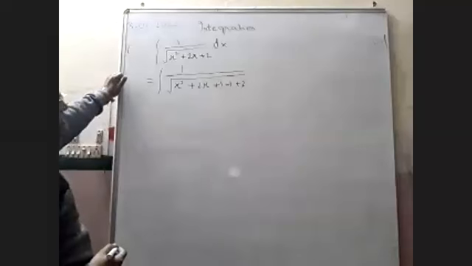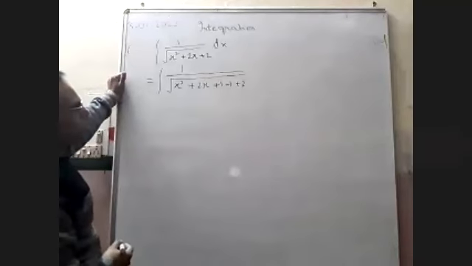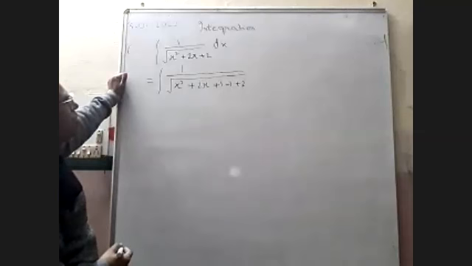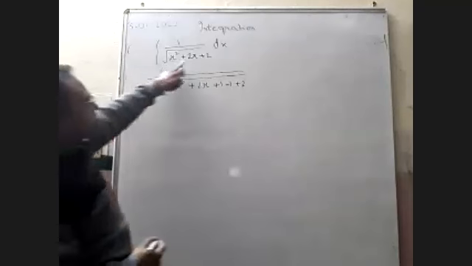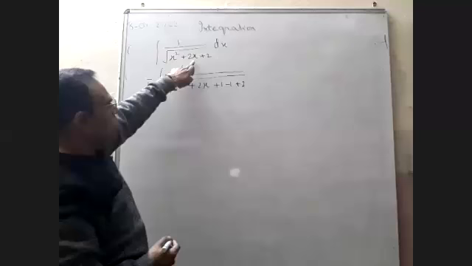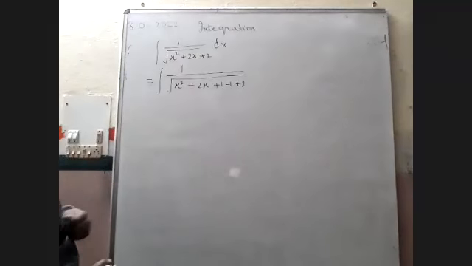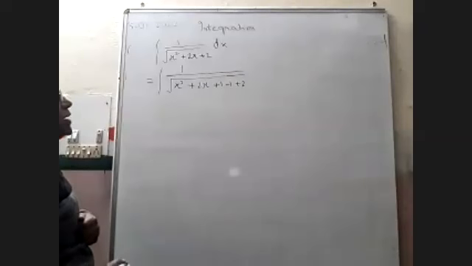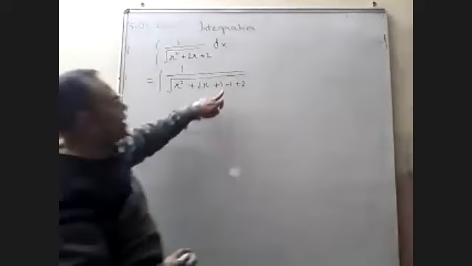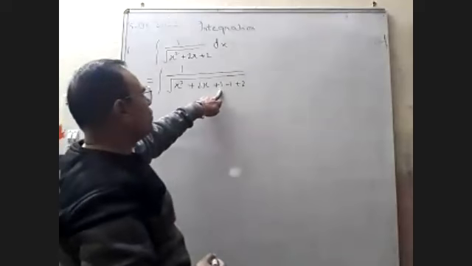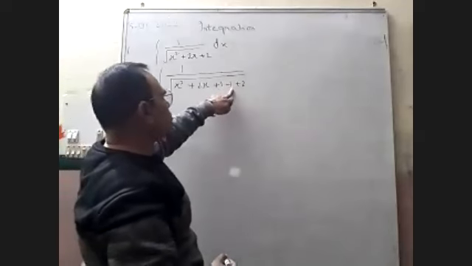We use the completing the square method. We divide the coefficient of x by 2. Here the coefficient of x is 2 only. If we divide by 2, you will get 1. So you have to add the square of 1 and subtract the square of 1 also.